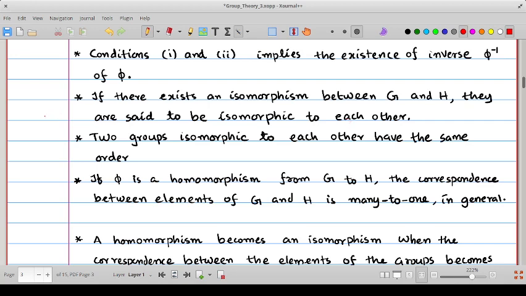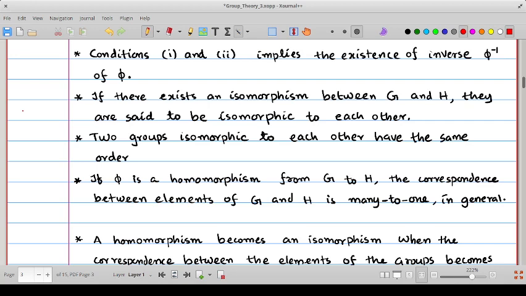Now we note that if two groups are isomorphic to each other, there exists a map which is one-to-one and onto, and there exists an inverse map as well, and then every element of the group G will have a corresponding element in H, which is obtained through the map phi, and similarly every element of the group H will have a corresponding element in G, which is obtained by the map phi inverse.